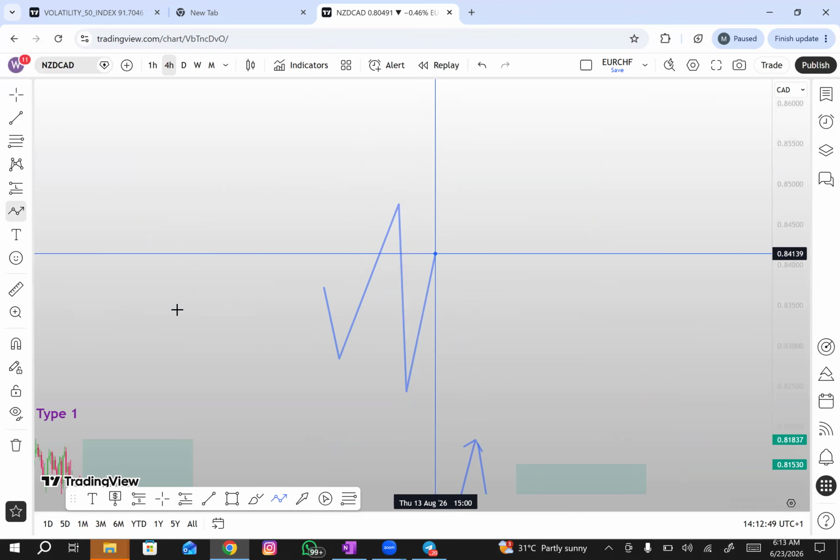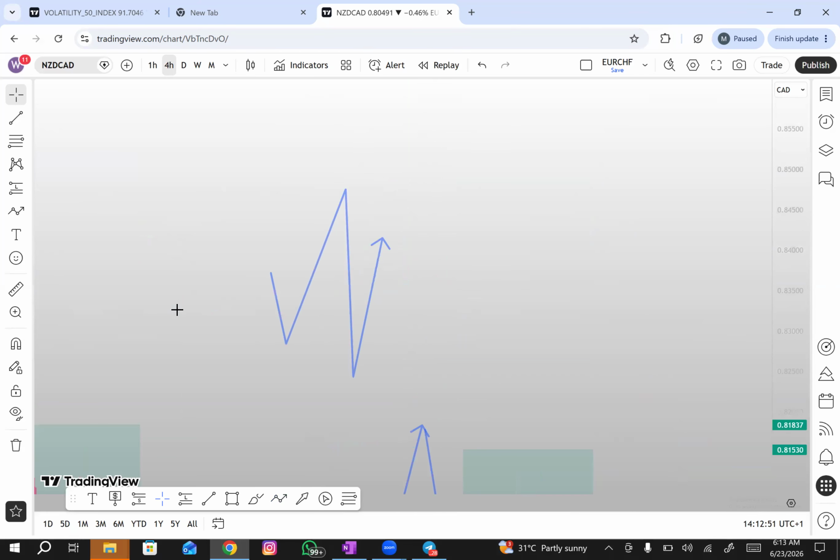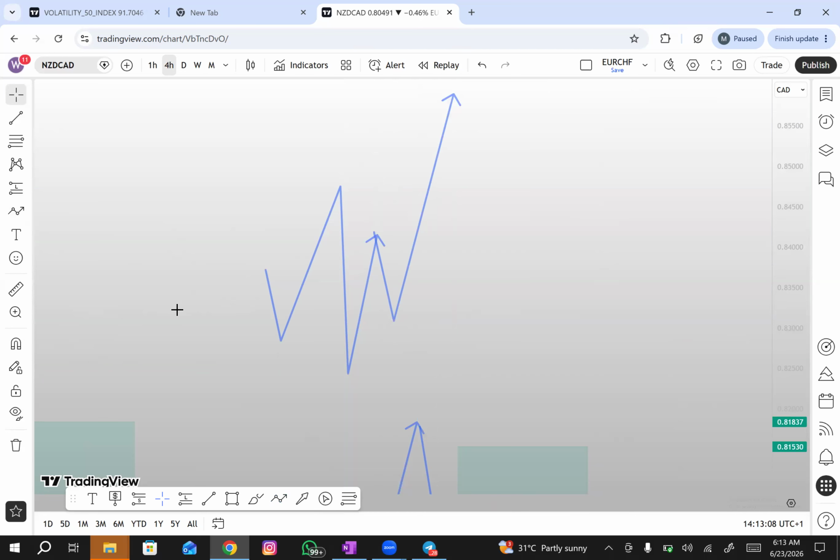It gives us structural liquidity, and then gives us a break. This is type 2. So guys, this is all about POI.